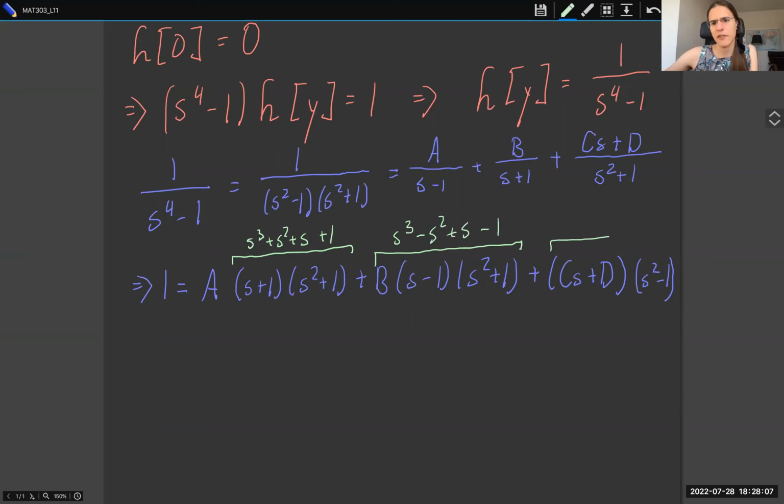And then this entire thing is going to be Cs cubed. Then if we look at the s squared term, that's going to be Ds squared. Then we're going to get minus Cs minus D.